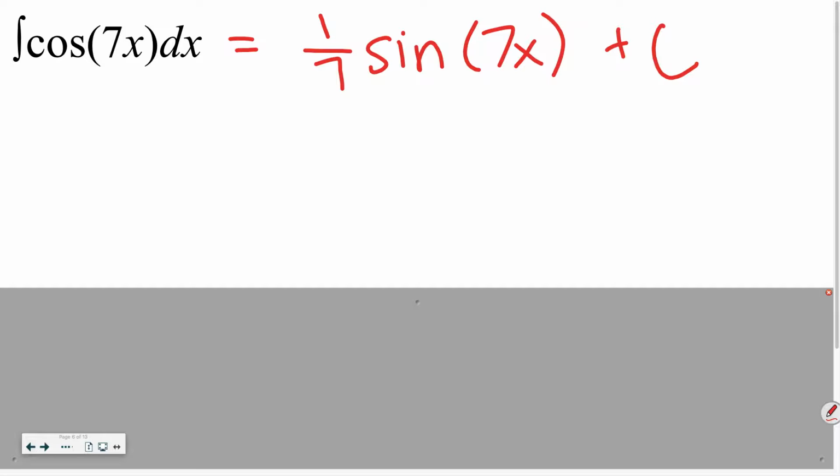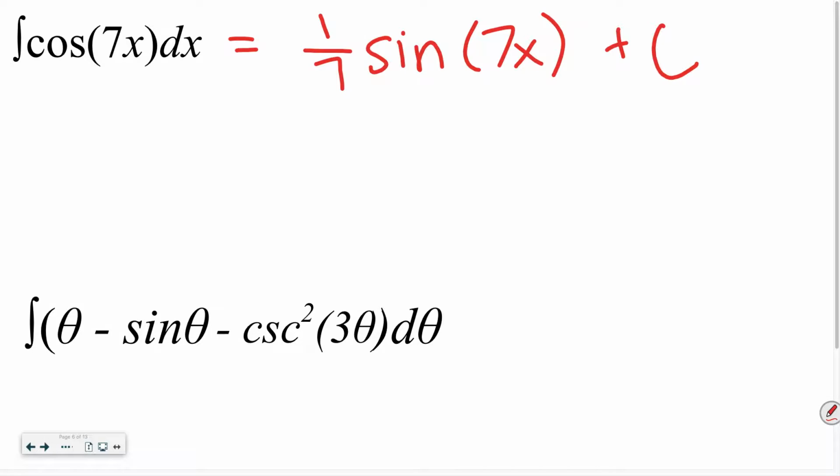Okay. Well, if I have only cosine of 7x, well then I need that 1/7 there so when they multiply, they would cancel out to be the 1 cosine of 7x. Does that make sense? Okay, write this one down.